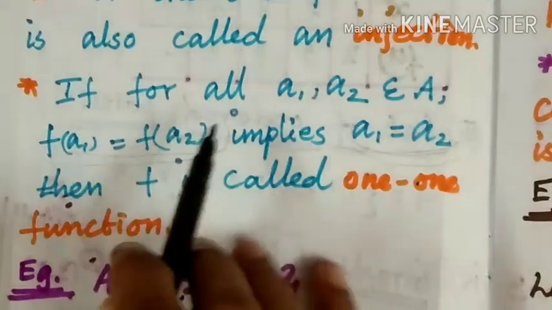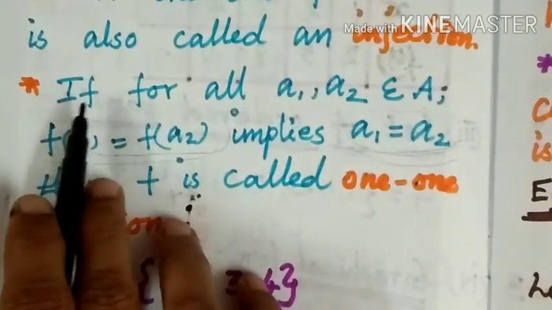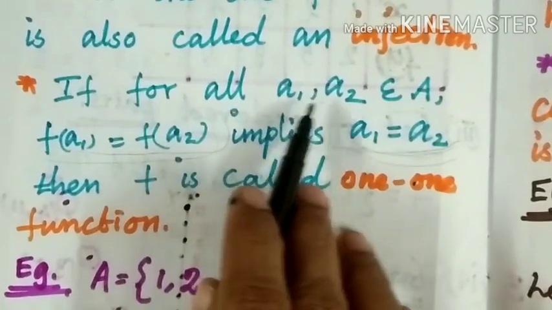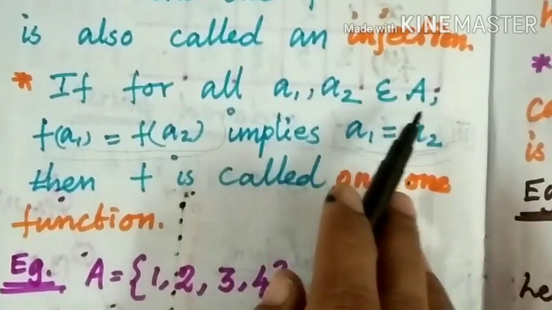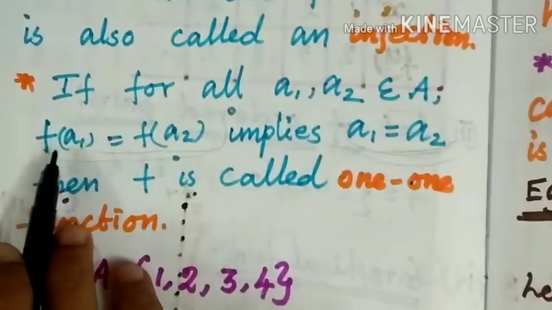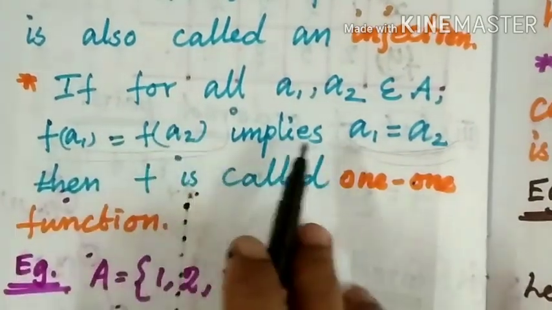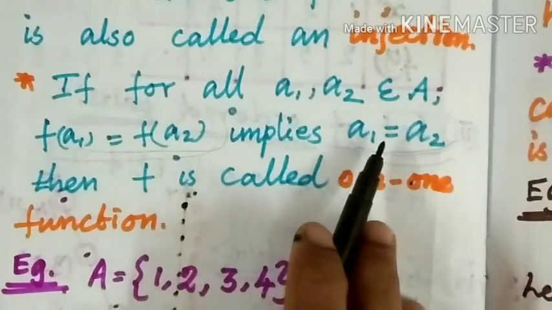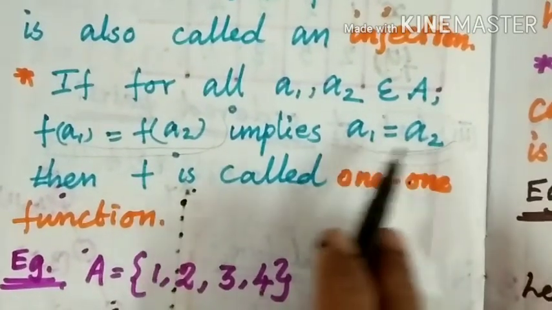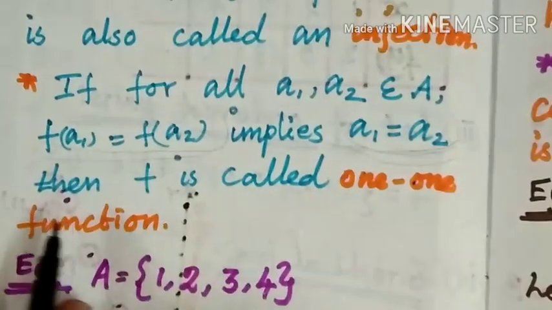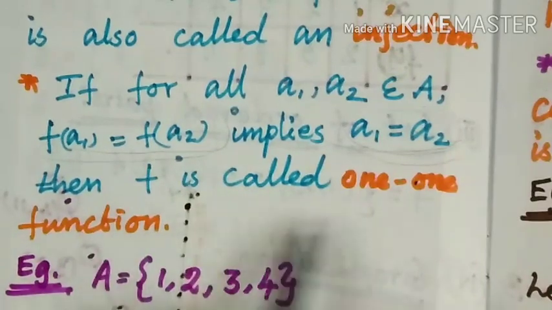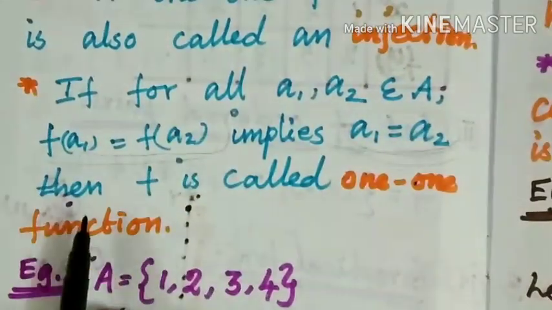See the second definition of 1-1 function. If for all a1, a2 belongs to set A, f of a1 equal to f of a2 implies a1 equal to a2, then f is called a 1-1 function. So this definition we use to apply.